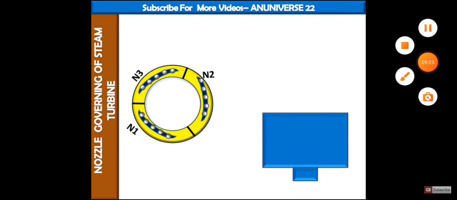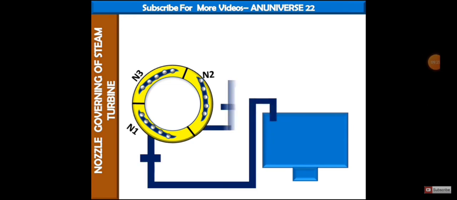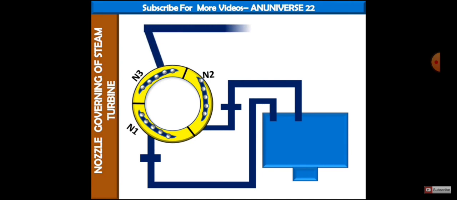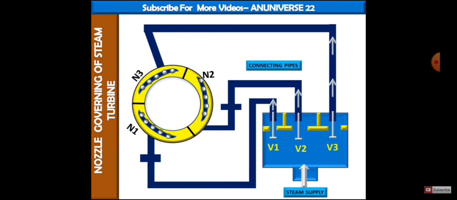This is the supply tank of the steam. These are the connecting pipes with different sets of nozzles N1, N2 and N3, and these are the valves V1, V2 and V3, and this is the path of the steam supply.